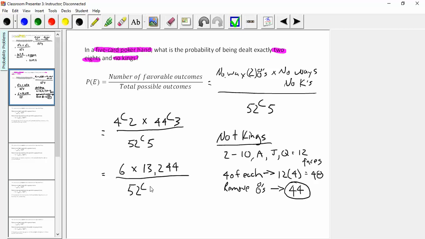Which reminds me, I sensed that some of you were having some issues with these big numbers in your calculator. Well, it's a little bit of a trick. Here's what I do. I type 6 times 13,244, and then I don't hit equal, I hit divided by. And then I put 52, second combination 5, and when I hit equal, it does the whole thing.